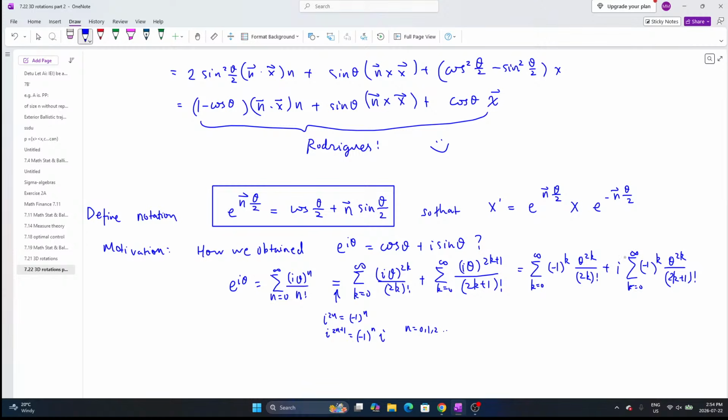All right, so that's how we obtain Euler's formula. The first one is a cosine, and the last one is a sine. So you can see the identities for i play a role here.